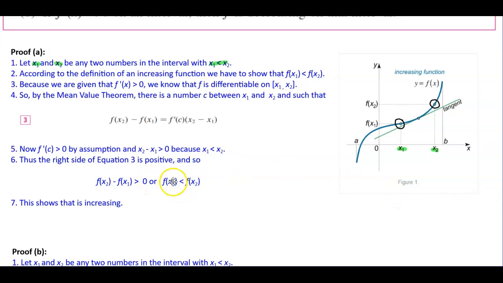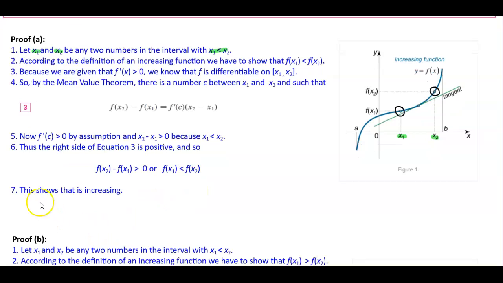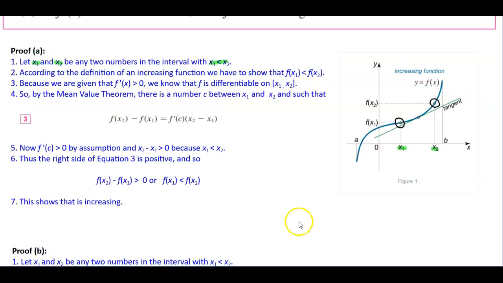The reason for the "or" statement is that if we move f of x2 to the right side and divide by the negative, we flip the inequality and get f of x1 less than f of x2, and therefore this shows that it is increasing. If you take a look at the graph here, here is the point on that curve between x1 and x2. From this point to this point, we can see that the tangent line shows the function is increasing.